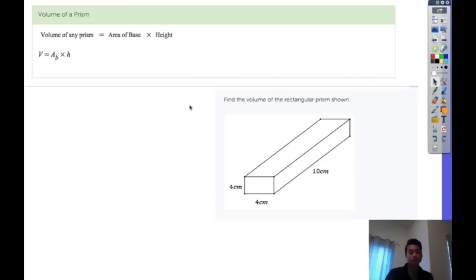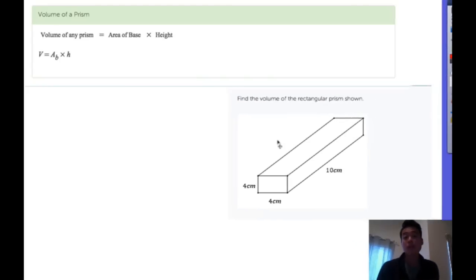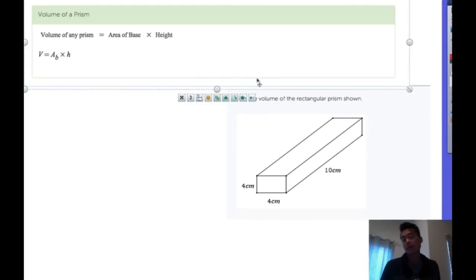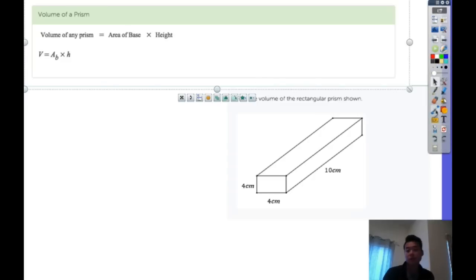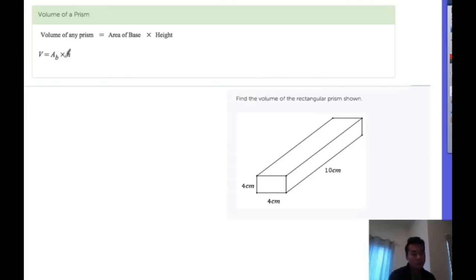So let's jump right in. I do want you guys to try this, and I do want you to go slow, pause the video. If you already figure it out, go ahead and jump ahead and then check your work with us. So find the volume of this rectangular prism. Again, first thing I need to do is identify the bases. The bases, in this case, will be my two rectangles.